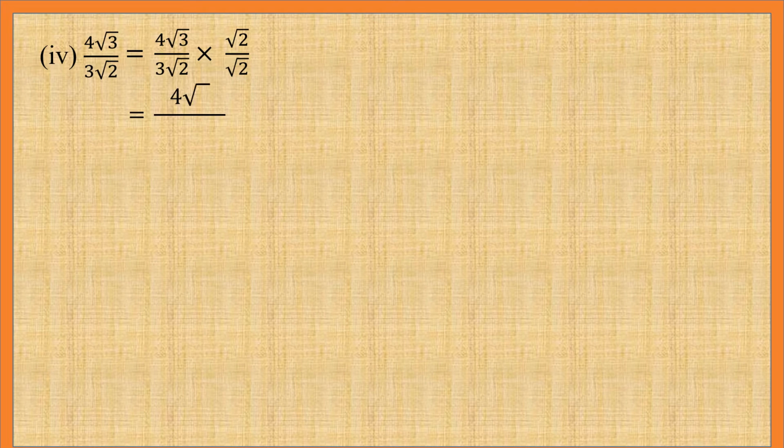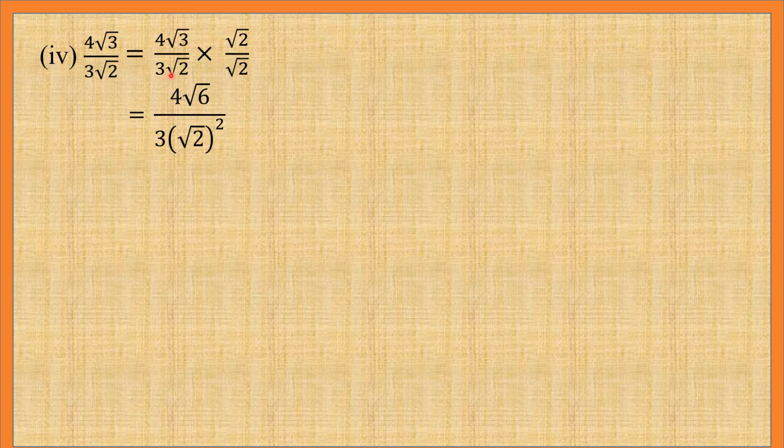So this will then give us 4 root of 6, because from the properties of surds, when you are multiplying, you multiply the terms under the square root sign. So we'll have 3 by 2, that gives us 6. 4 by what is outside here, 1, will give us 4.